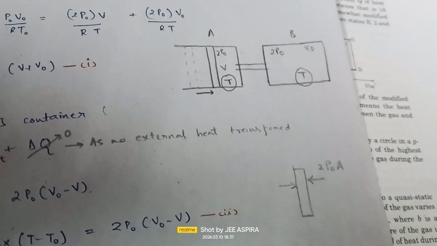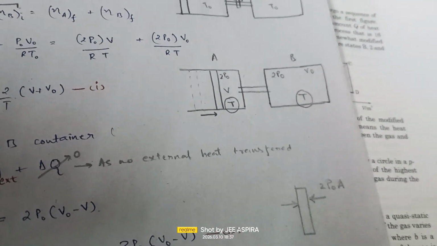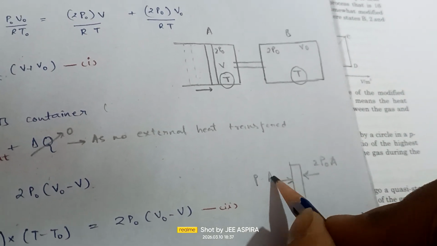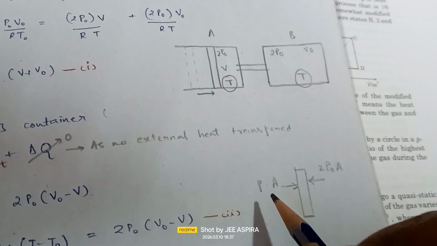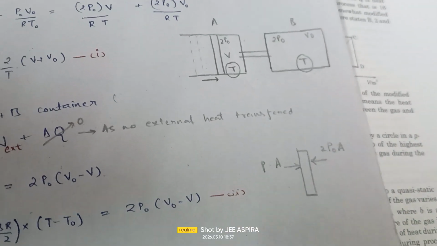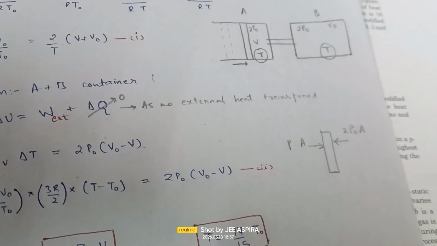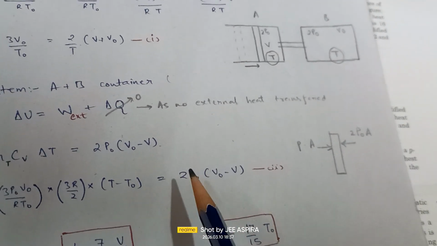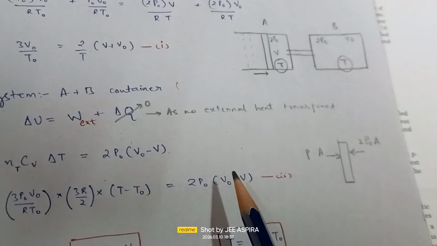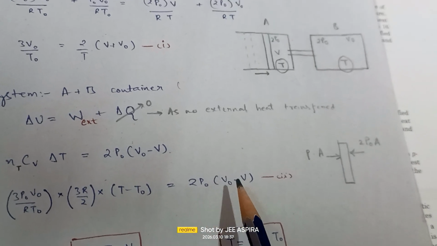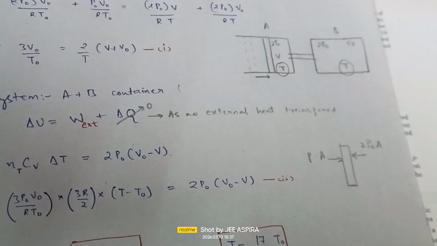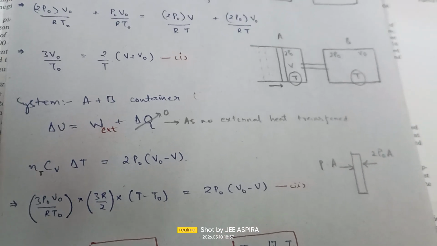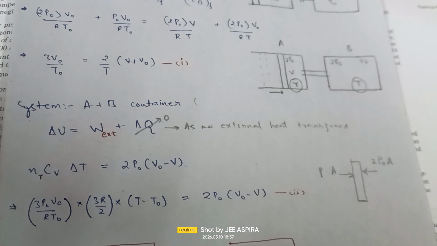So the pressure is P0, and the work done by the external agent will be pressure into delta V, right? So it is P0 into delta V. Initially it was V0 and then it is V, so V0 minus V is the change, and this gives the work done by the external force.